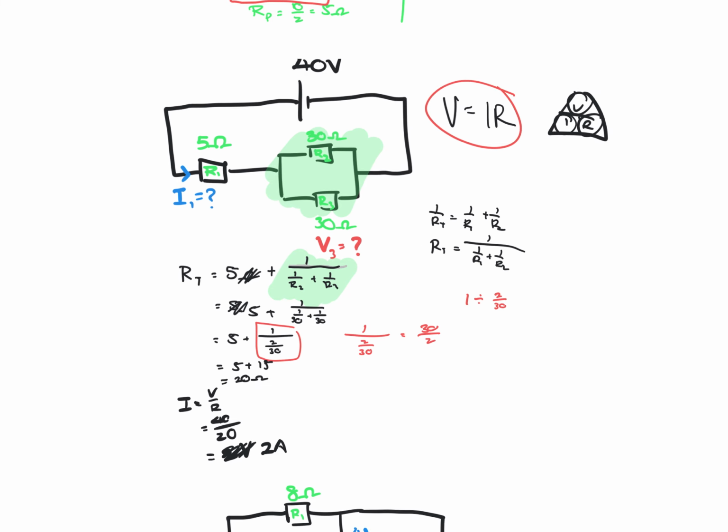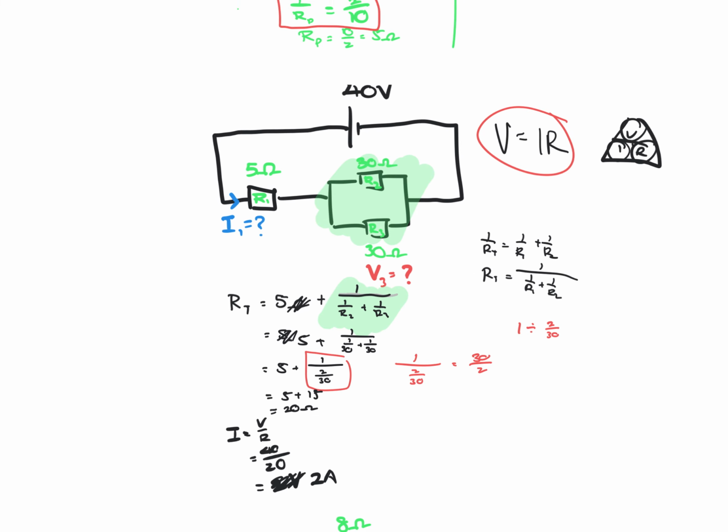Fantastic. All right. So now I know that my current here is actually 2 amperes. Great. How on earth does it help me to solve this over here? Hang on. So I need to know my potential difference across here. Correct? That's my V3. That's the last part of the question they're asking me for. So again, do I have 2 out of 3? What do I know that's 2 out of 3?